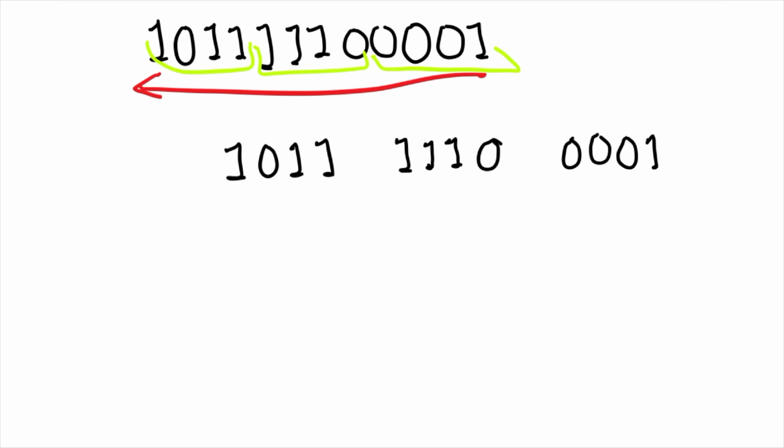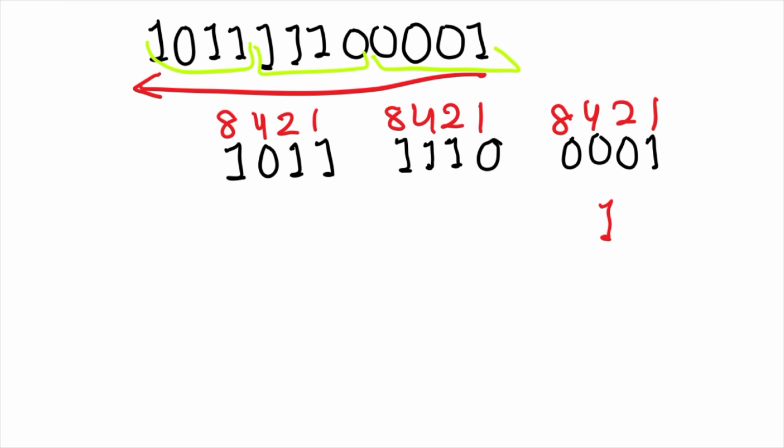So what we're going to do is write 8, 4, 2, 1 on top of each group of binary digits. So 8, 4, 2, 1, 8, 4, 2, 1. Now the numbers above the ones are going to be added. So in the first group, the number above the 1 is only 1. So this means that the first group is equivalent to 1.